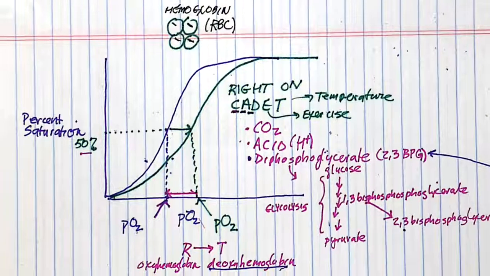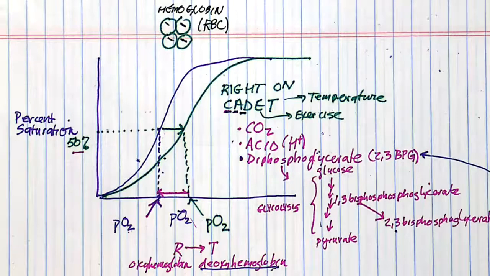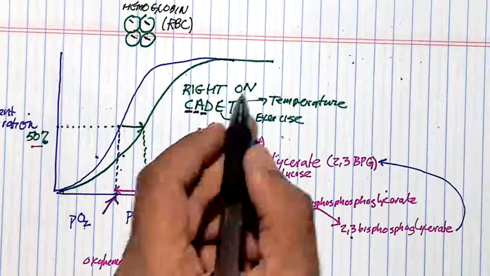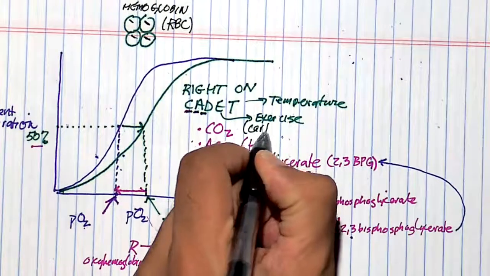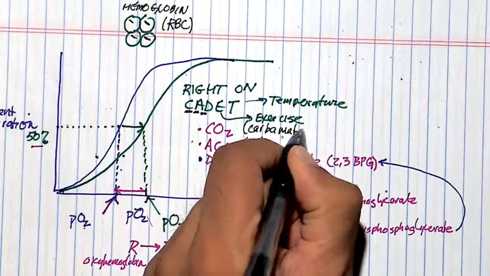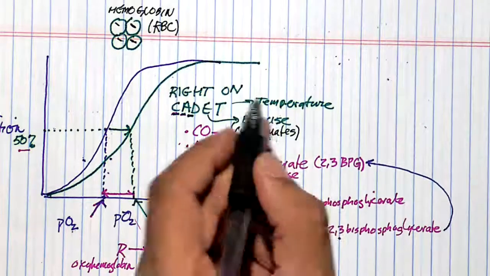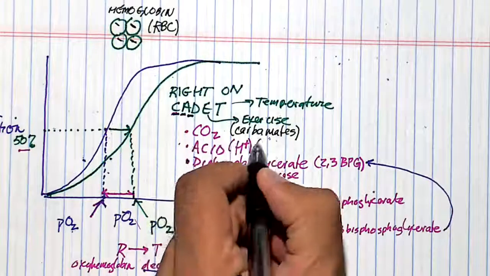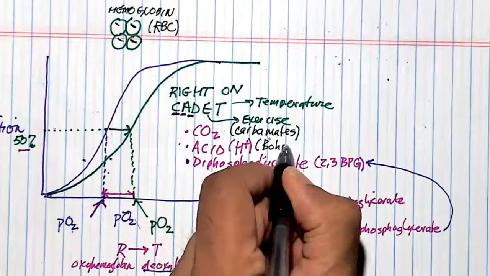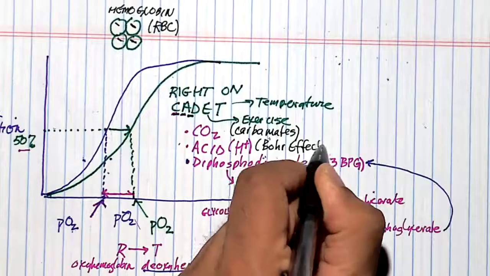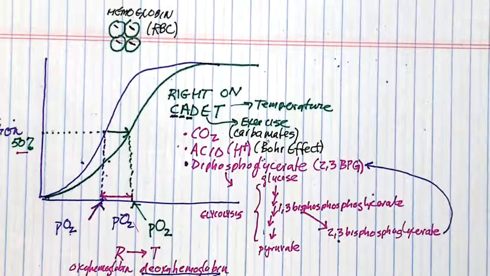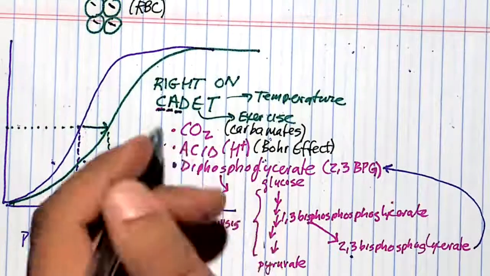I'm not going to go into specifics of this. CO2, if there's CO2 around, that produces carbamates. So you'll have to look at your notes to study that. And acid protonation is called the Bohr Effect. There are some PowerPoint slides, and my notes talk about that in more detail.